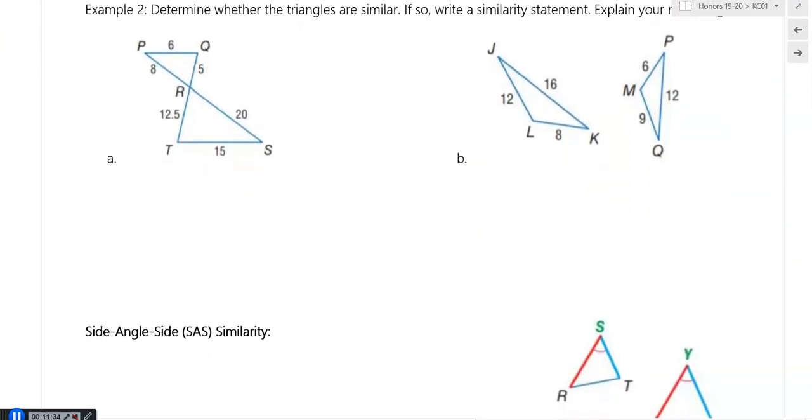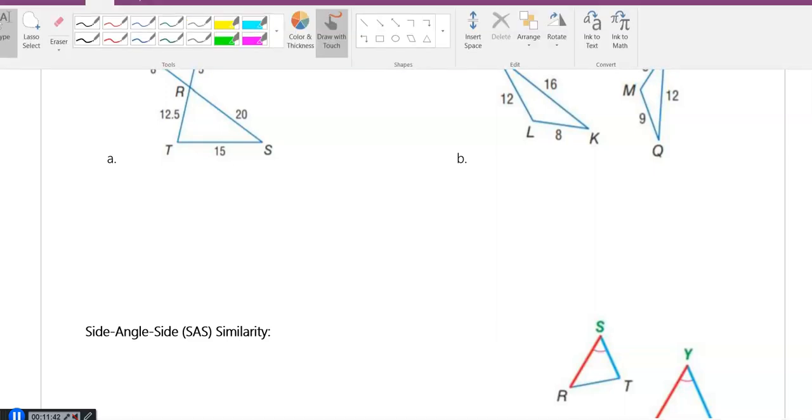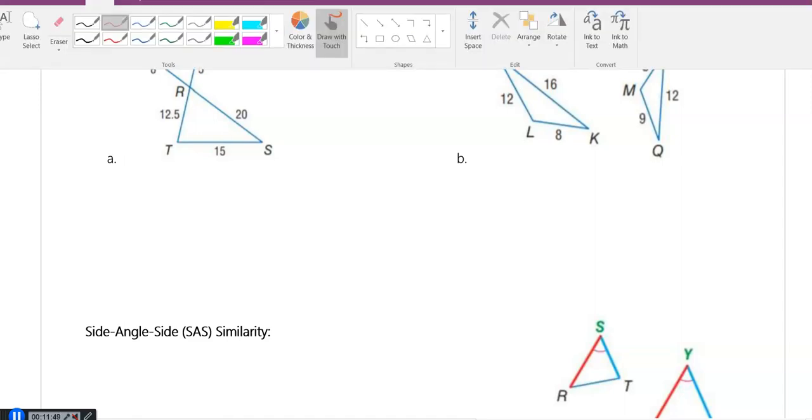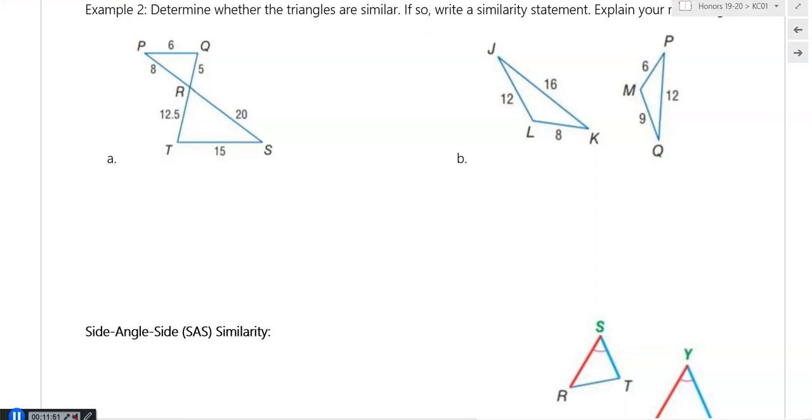So now I'm determining whether these triangles are similar, right? This is helpful because I don't know anything about these angles. So being able to just use the sides is really helpful, okay? I always start with smallest number over smallest number, middle over middle, and big over big. So if I look at my top triangle, my smallest number is 5. And so 5 has to go with the other smallest number, which is 12.5.